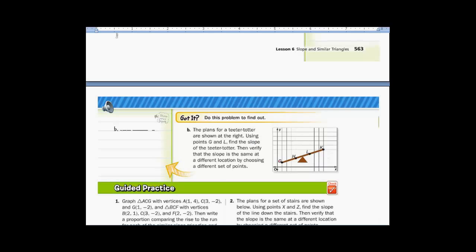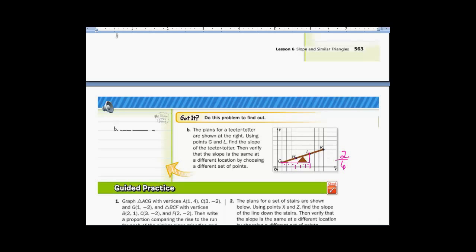So from points G and L, let's use that one. Talking about that triangle right there. How much does that rise? 2. How much does that run? 1, 2, 3. It's kind of hard to tell on my grid because I don't see a whole lot of lines. 1, 2, 3, 4, 5, 6.